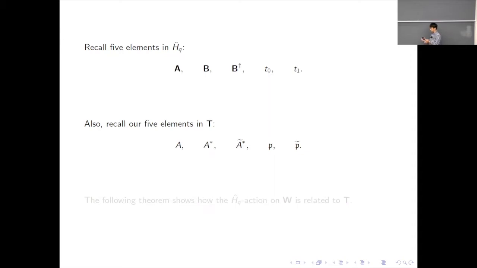And P is the projection onto the primary T module MX, and P tilde is the projection onto the primary T tilde module MC hat. So on the HQ hat module W, we discuss how these 5 elements are related to each other.